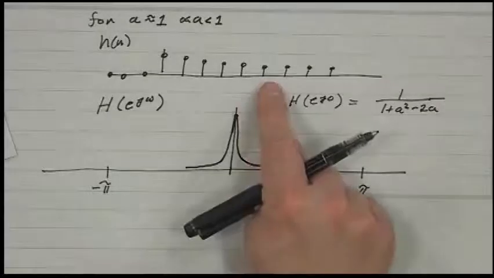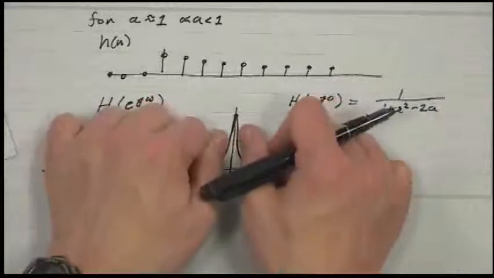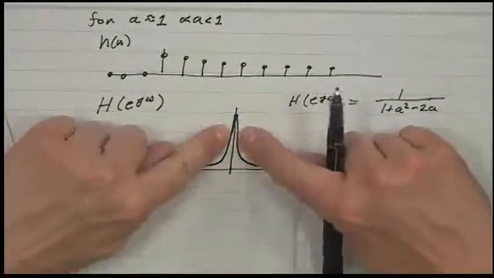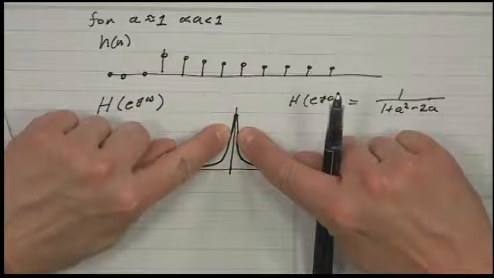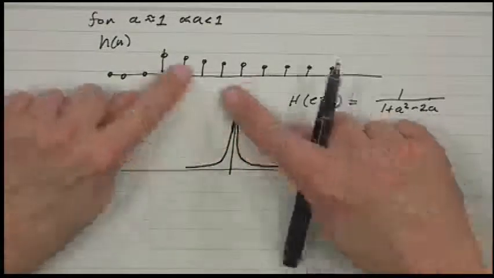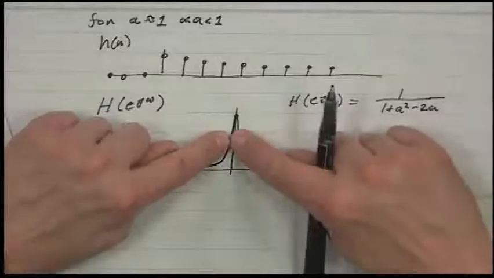So if you were going to implement this as an FIR filter, you see, in the frequency domain, this has a very sharp structure to it, right? Anything that's small in frequency is large in time. Anything that's large in time is small in frequency.